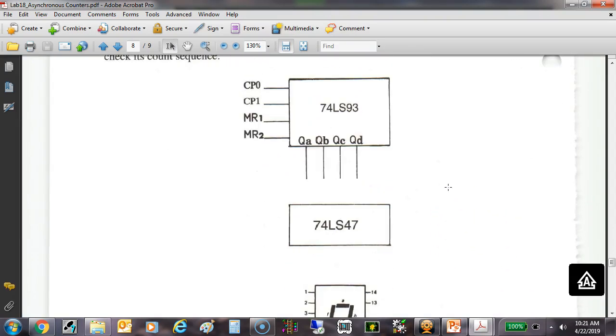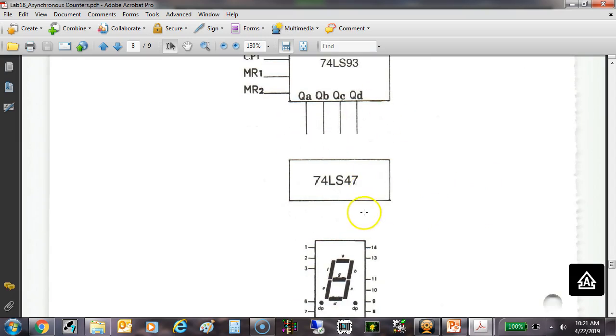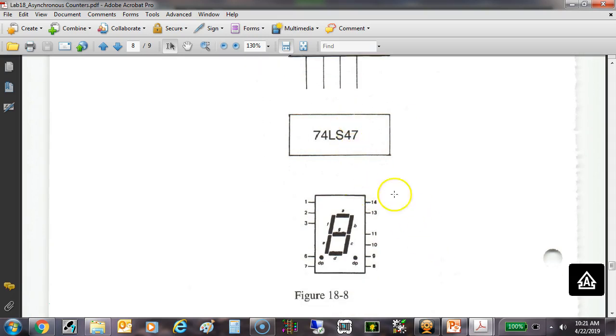So we've already done this, guys. We're not going to hook up the 7447, but you got the pin out of that, right? Everybody okay there? Y'all can look that up. And you got the pin out of the 7-segment display.